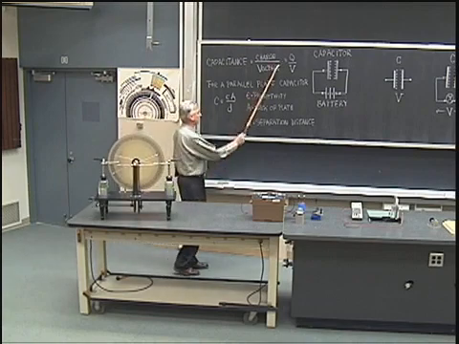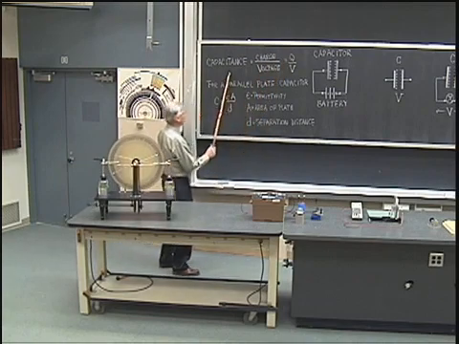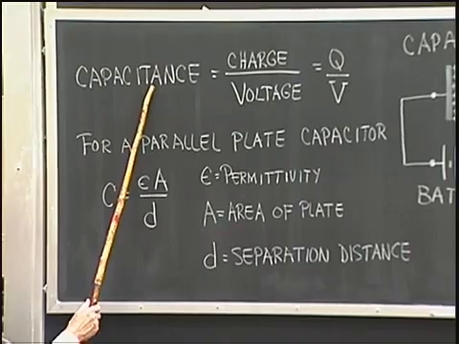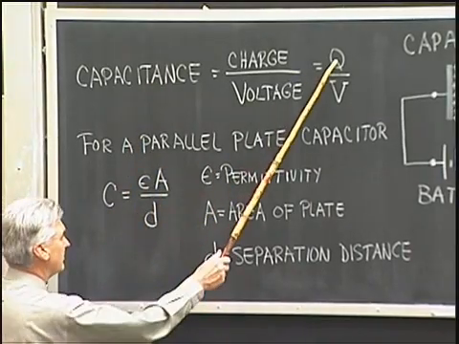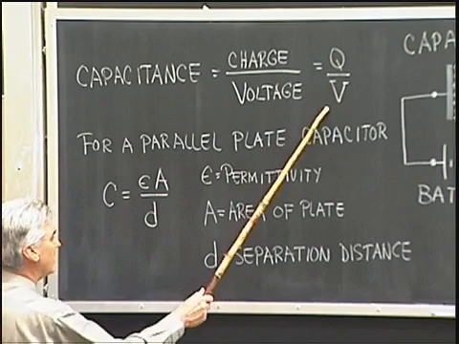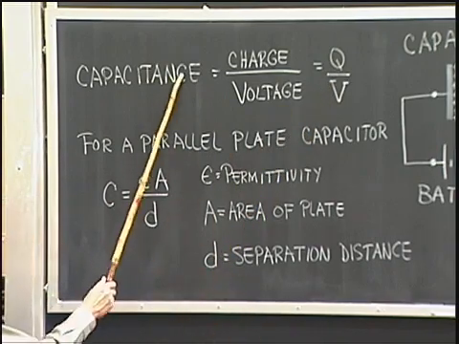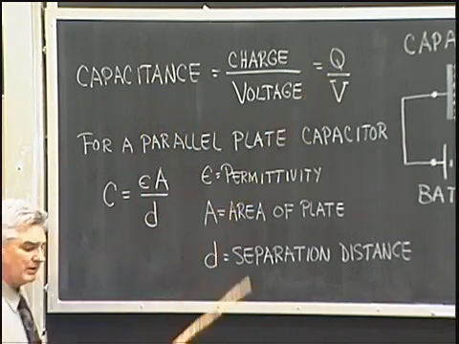The charge is greater as the capacitance is increased, showing that capacitance is equal to the ratio of the charge to the voltage. If the voltage stays constant and we increase the capacitance, we therefore increase the charge.